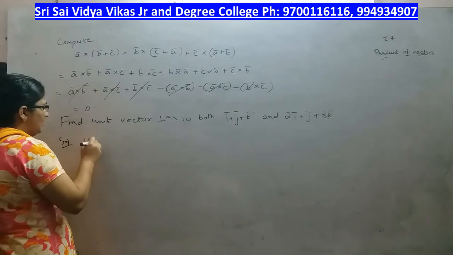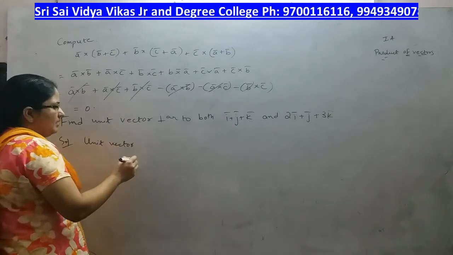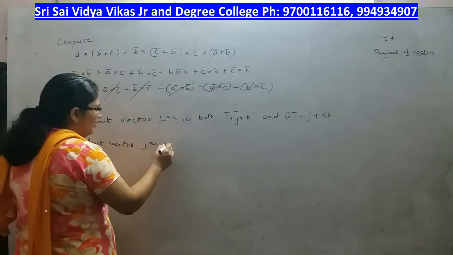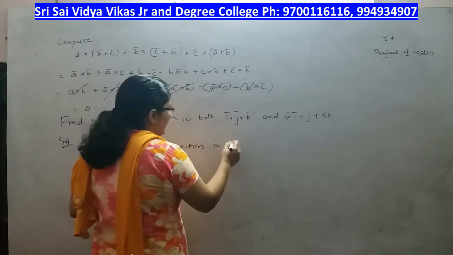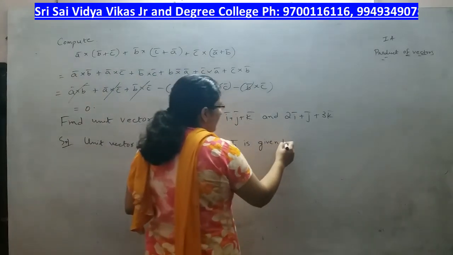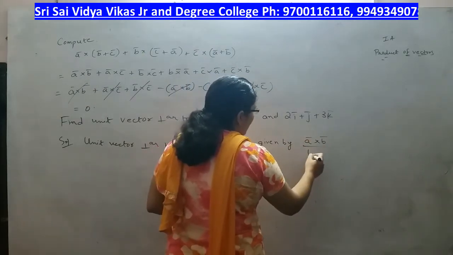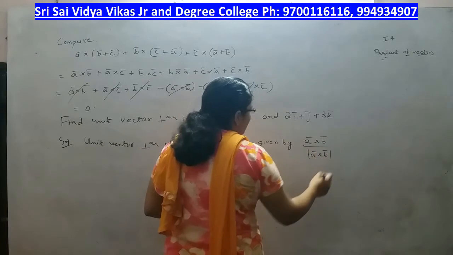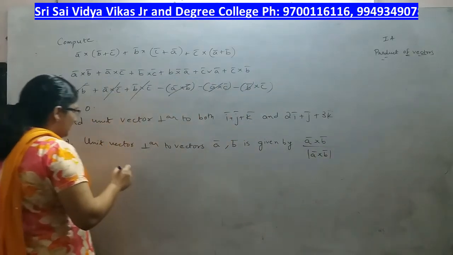Solution: unit vector perpendicular to vectors A bar, B bar is given by A bar cross B bar by modulus of A bar cross B bar. Let us first find A bar cross B bar.